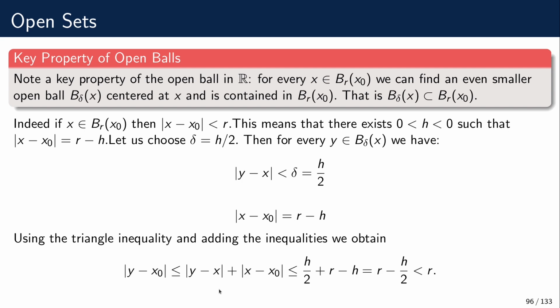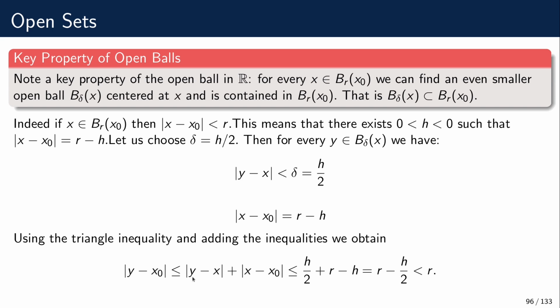Okay. So suppose that y is any point whose distance from x is no more than delta. So we take any such y. And now we use the triangle inequality here. We subtract x here and add x here.